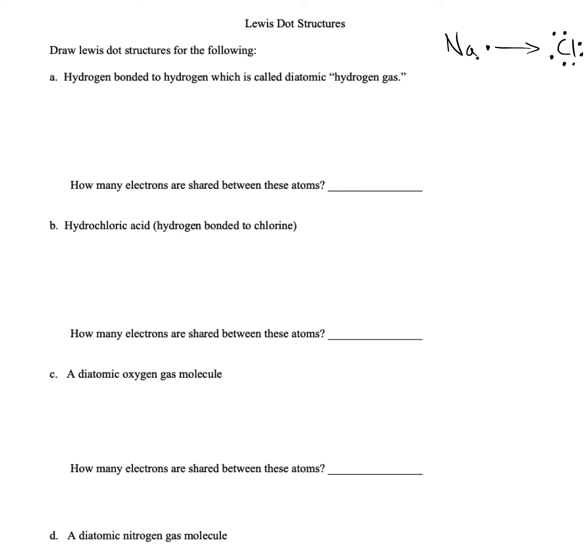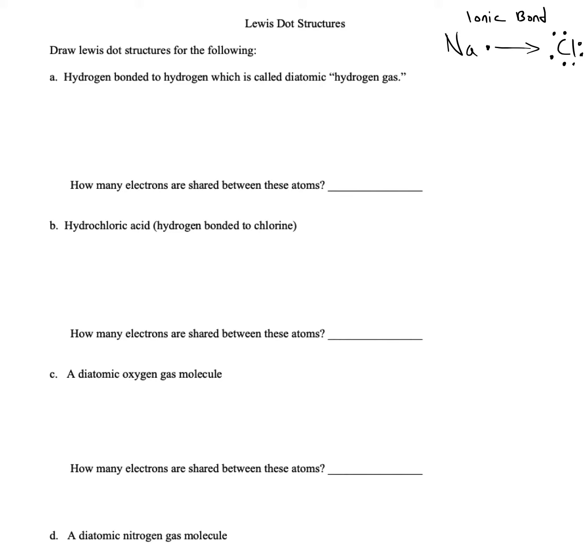So if it was to interact with a sodium, then that 1 electron that sodium has could be given to chlorine so that chlorine would have a full outer shell of 8. That was an ionic bond.